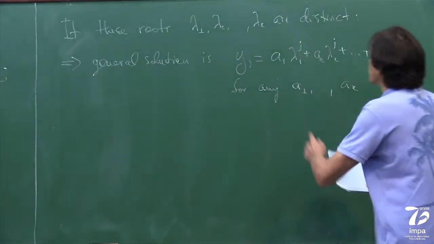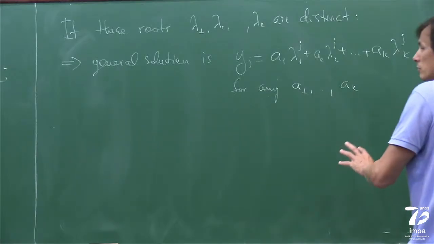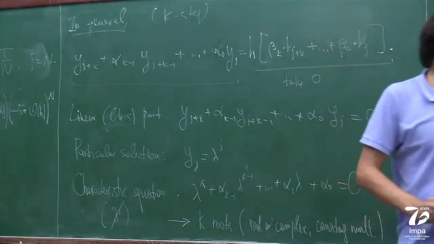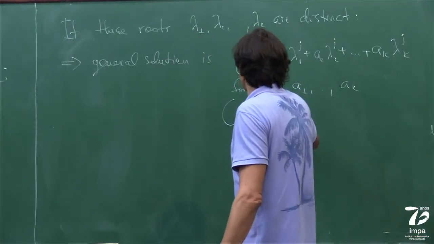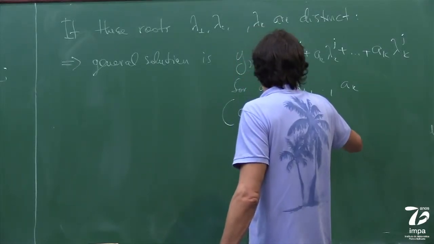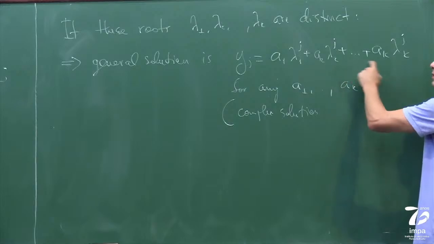Taking arbitrary coefficients, you form a general solution. They are distinct, but they can be real and complex. So this gives a complex general solution with complex coefficients if some lambdas are complex.